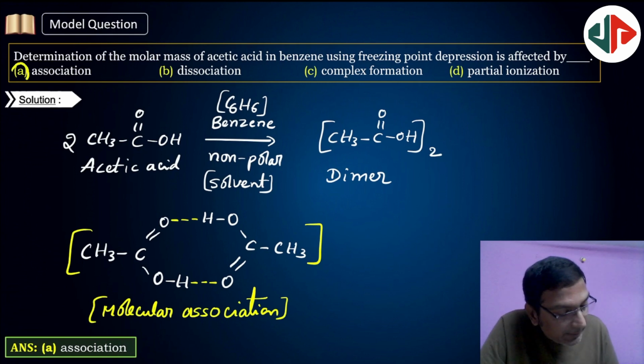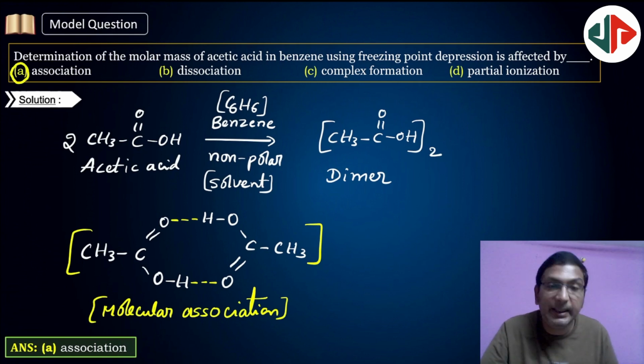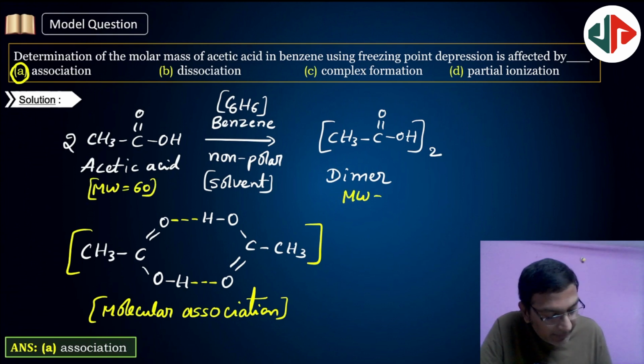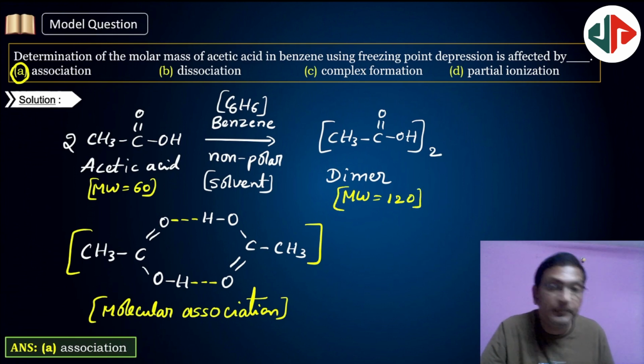Therefore, molecular weight is affected by dimer formation. So molecular weight of acetic acid we know 60, but due to dimer formation we will get molecular weight 120. Therefore, association can affect boiling point and molecular mass also. Next.